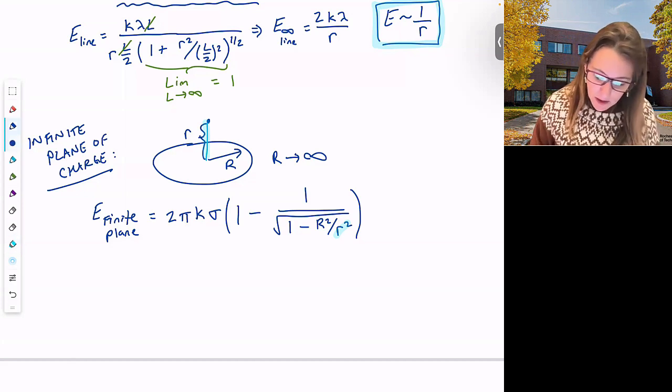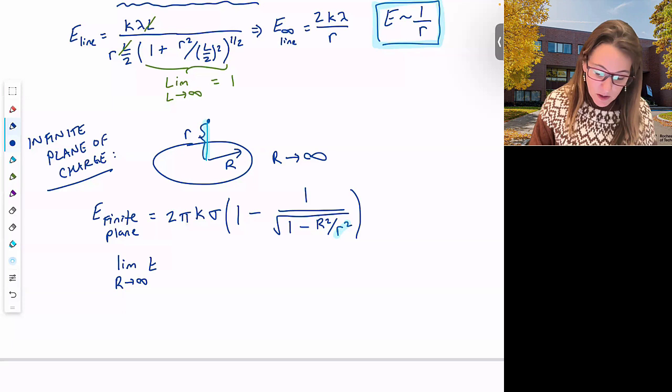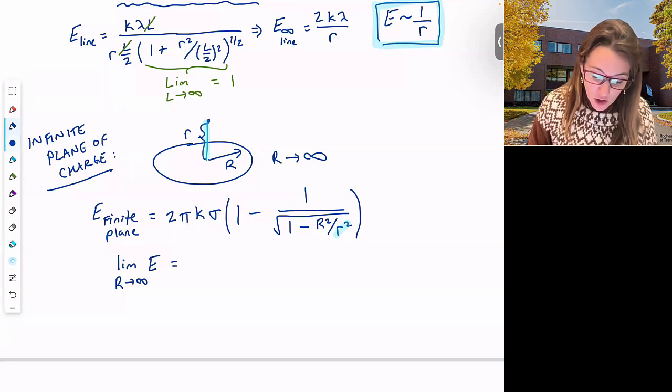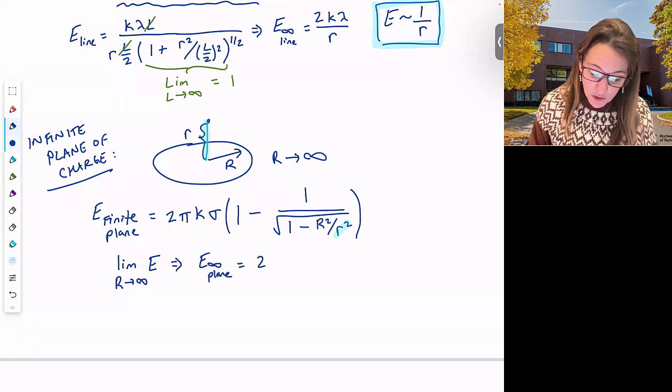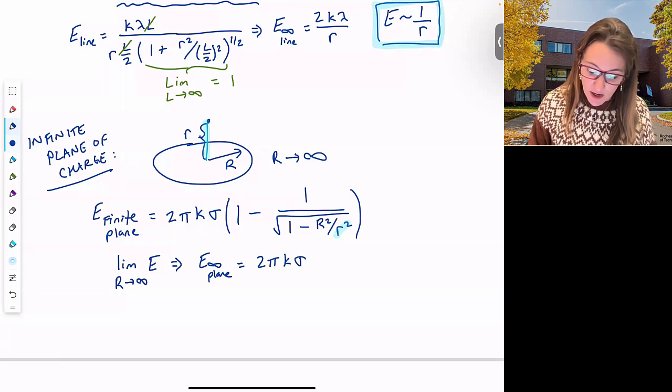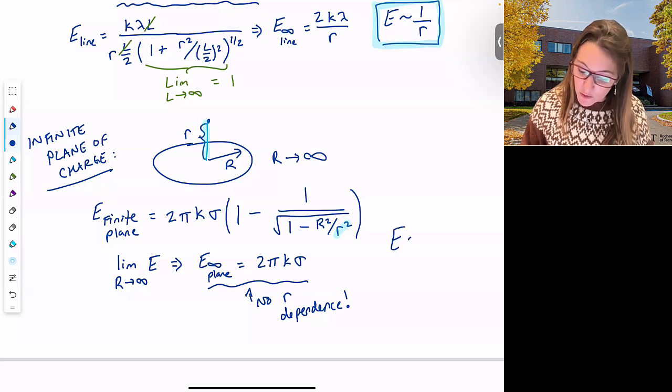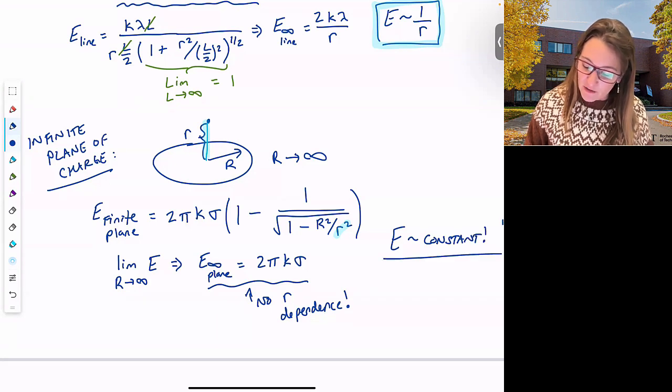We can easily see that as the radius goes to infinity, E for an infinite plane will just be equal to 2 pi k sigma, which is very interesting because there's no r dependence. That means the electric field is constant, uniform, for an infinite plane.